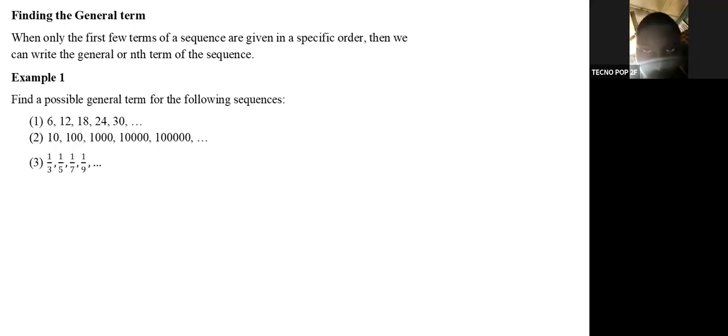Now let's look at the example. Look at these 3 examples. We are given these sequences. Find a positive general term for the following sequences. The first sequence we have is 6, 12, 18, 24, 30. Now who can tell me what will be the general term of this sequence?